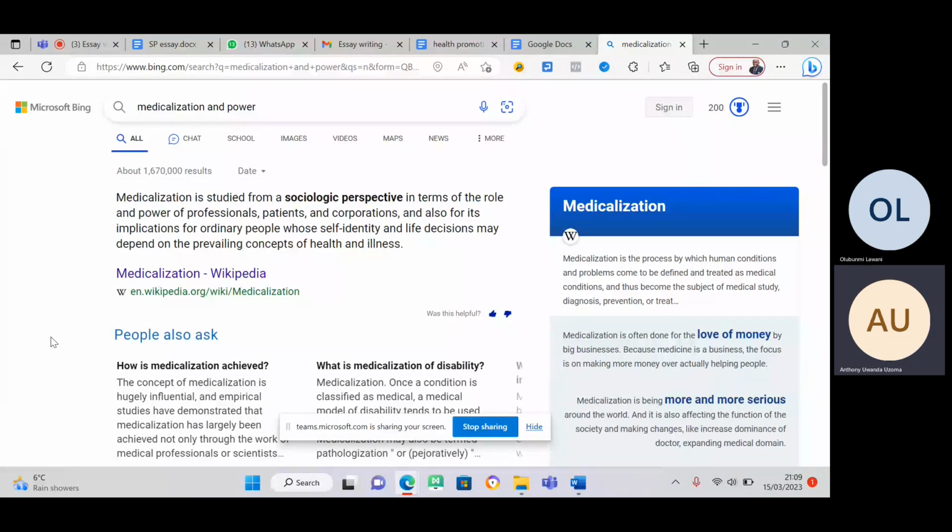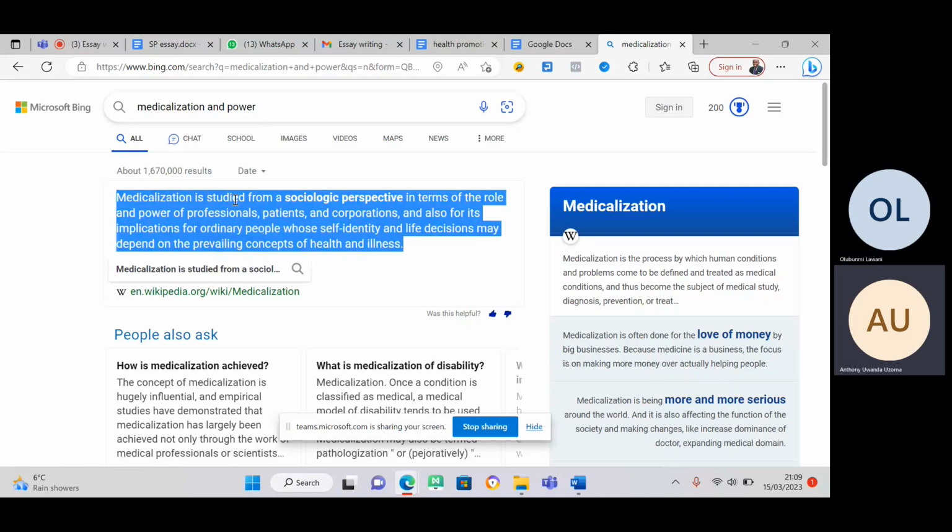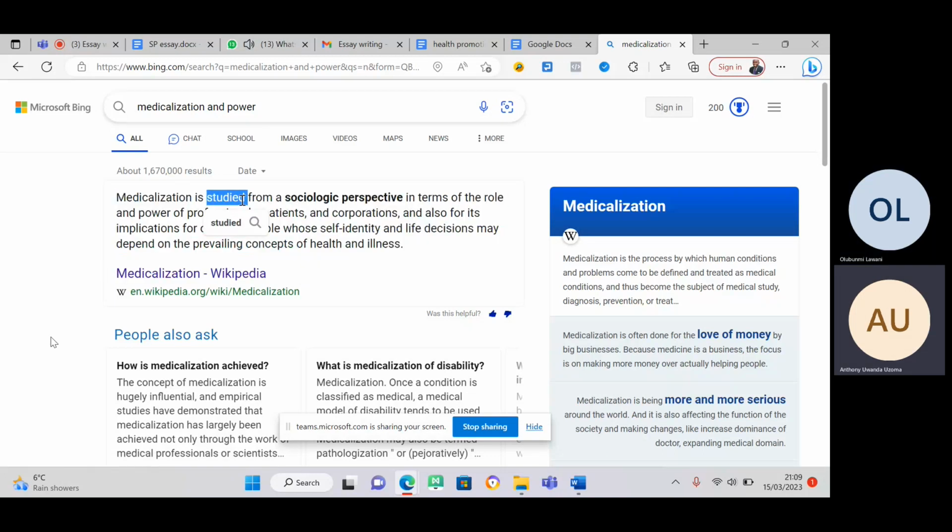I can copy the quotation from the PowerPoint, put it in Google, and maybe Google will tell me the textbook. Or sometimes they will list the reference there. When they put something in the PowerPoint, they normally put the reference. So you go and get that particular textbook and then find that quotation that they wrote.